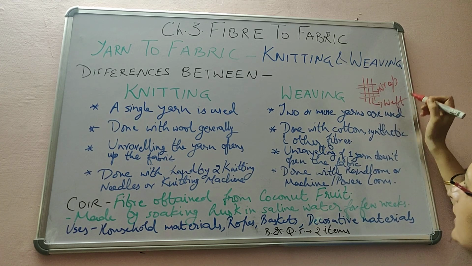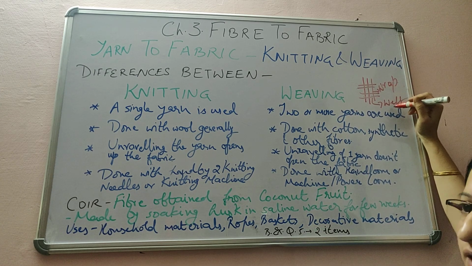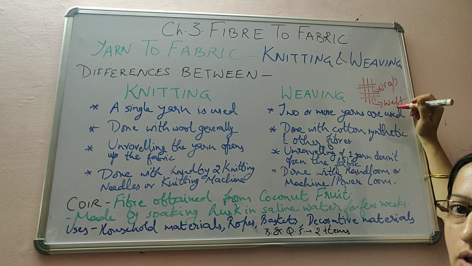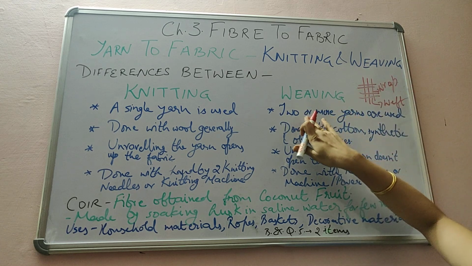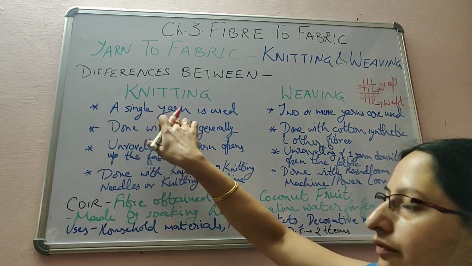So by this you can understand that two types of yarns are being used, not a single yarn. So weaving involves use of two or more yarns, while knitting involves use of a single yarn.